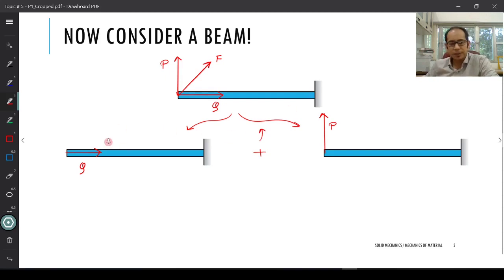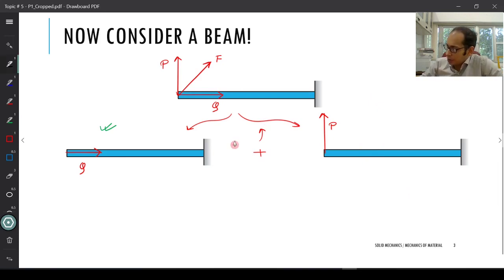Now this is the case which we have already seen. We have seen that when you have a bar and you're pushing with a force P, how the internal forces and internal stresses vary. So this is something which we have already done. Now for the right hand side beam, there are two questions.